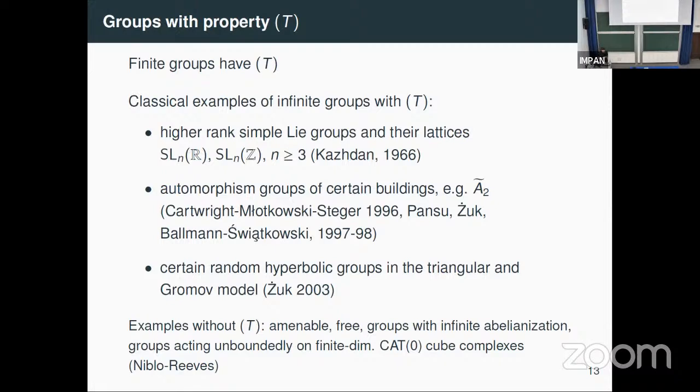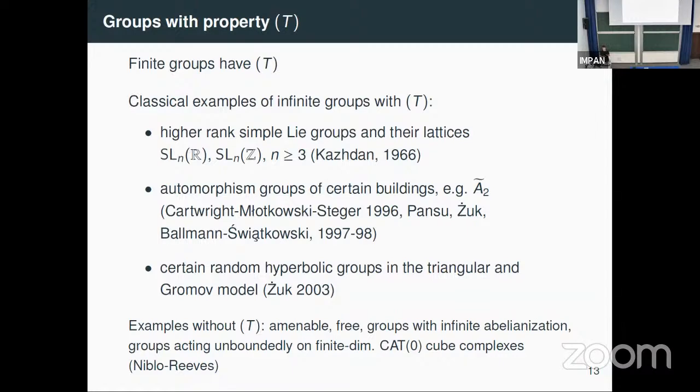Then in the middle of the 90s, there was a second wave of examples, and these are automorphism groups of certain buildings, so-called thick buildings. Buildings are simplicial complexes which have a lot of high-dimensional branching.